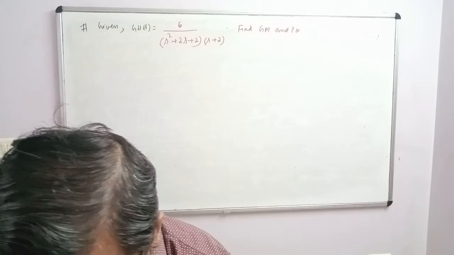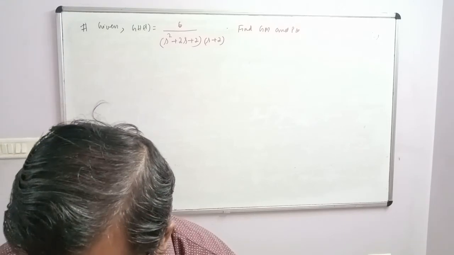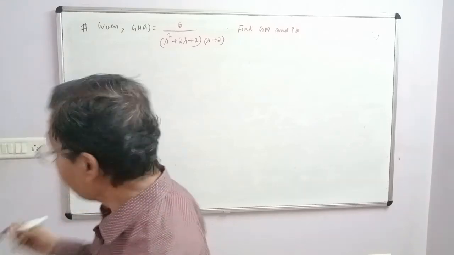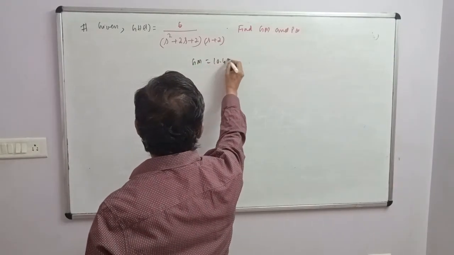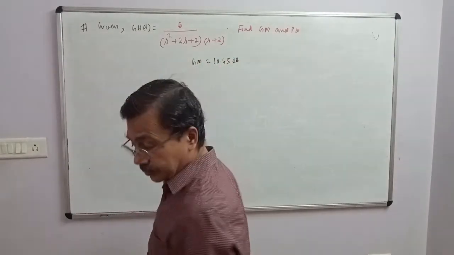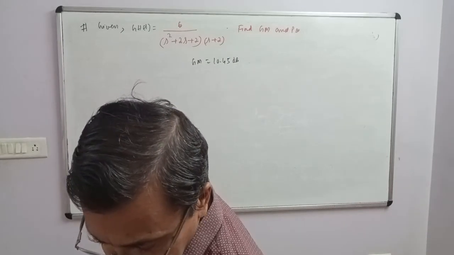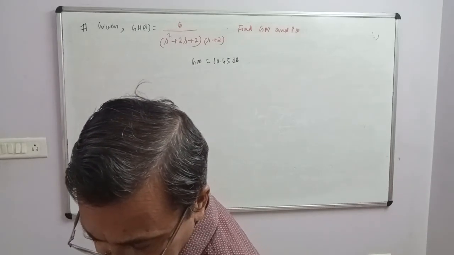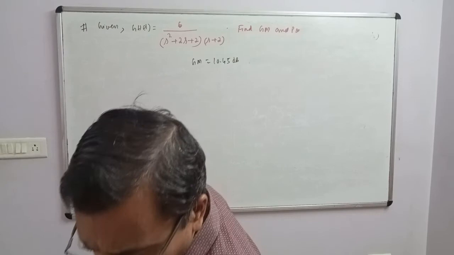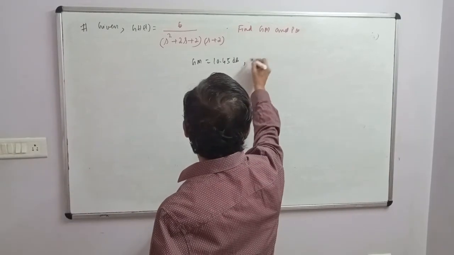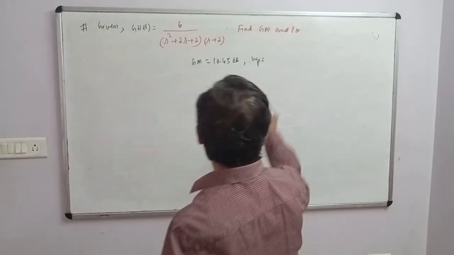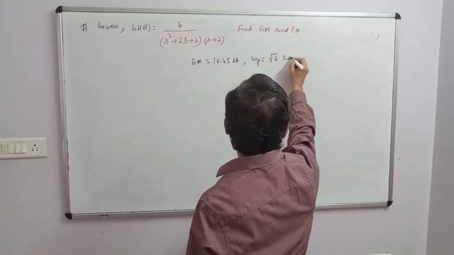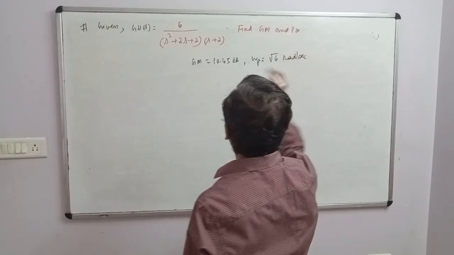The answers I will give you. Gain margin is equal to 10.45 dB. Omega p is equal to root 6 radians per second.